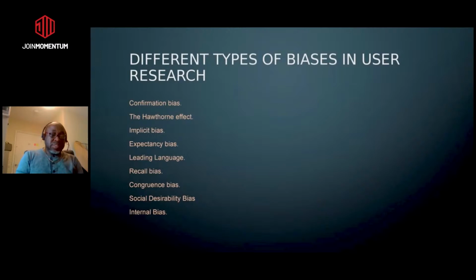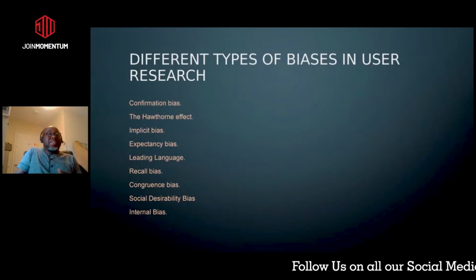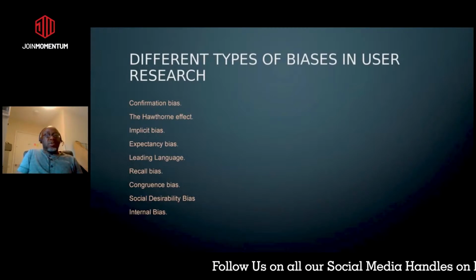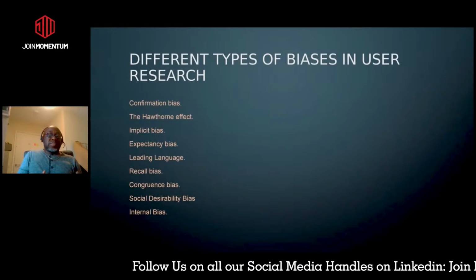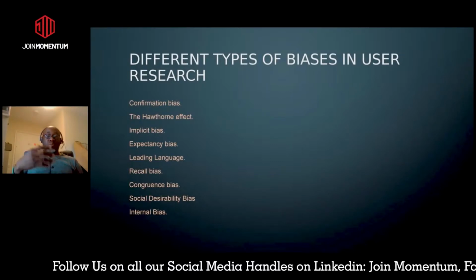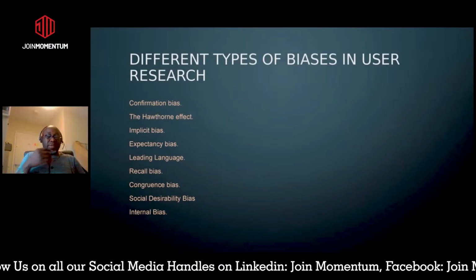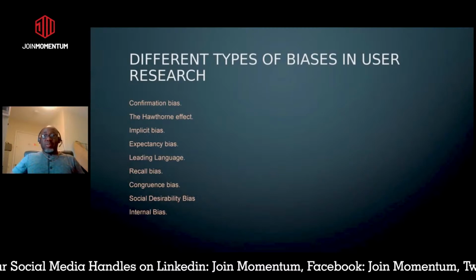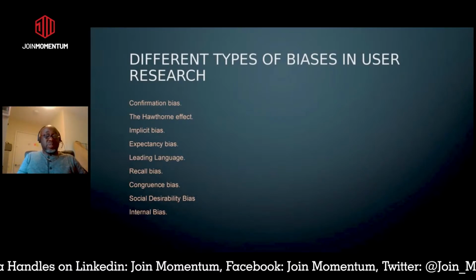The second one is the Hawthorne effect. The Hawthorne effect occurs when participants are aware they are being observed. And for that reason, they either deviate or act in a particular way that they think they should be acting. So while you're doing user research and you're talking to the participants and you say, okay, we'll just be watching you, in their mind, the Hawthorne effect is when the participant thinks, oh, maybe I should be pressing the green button more.